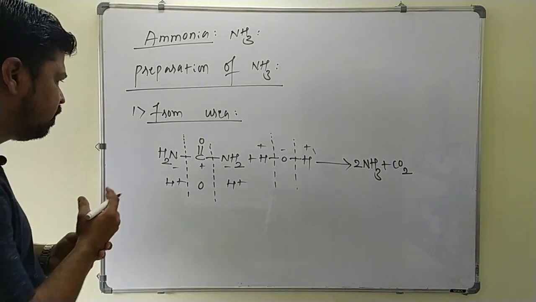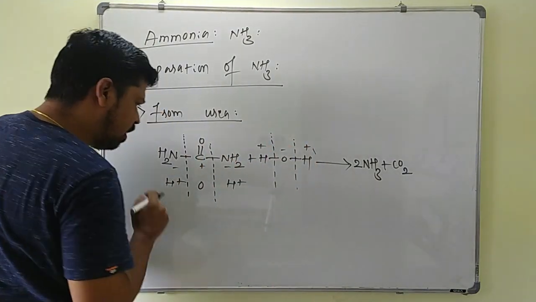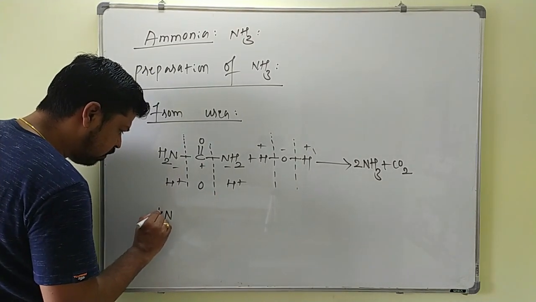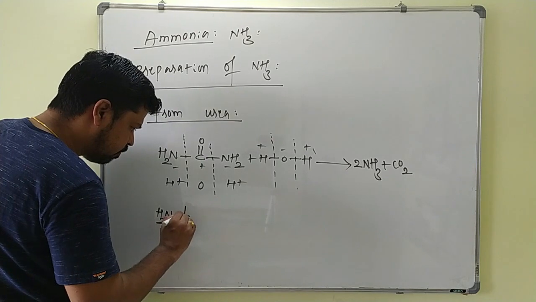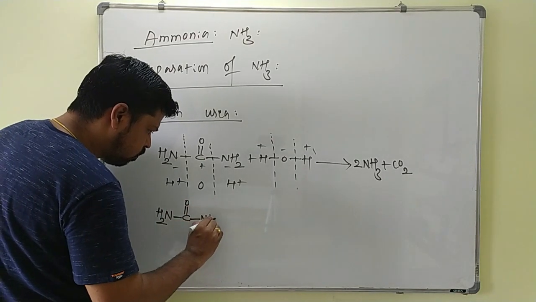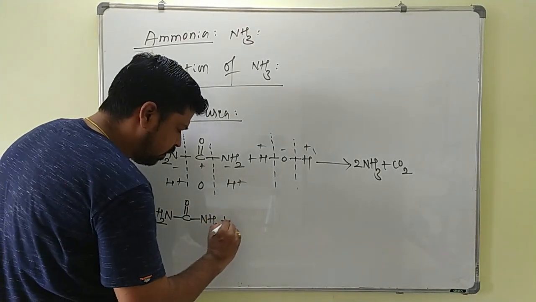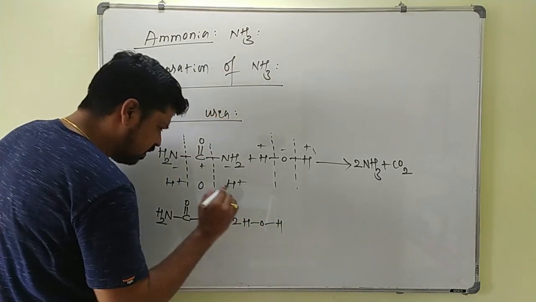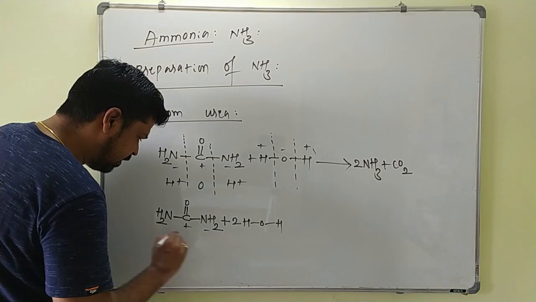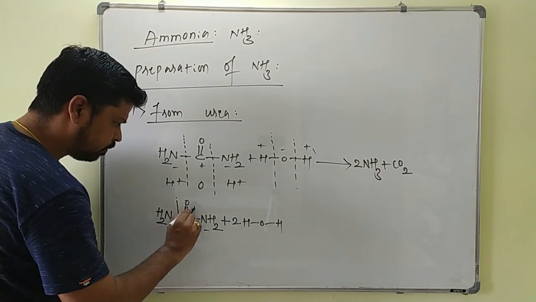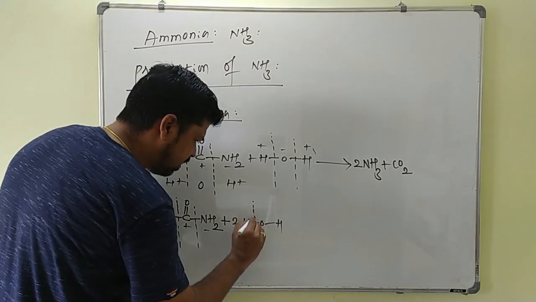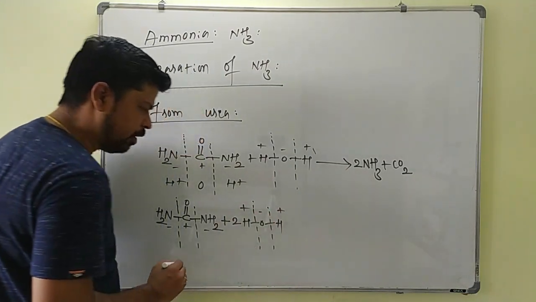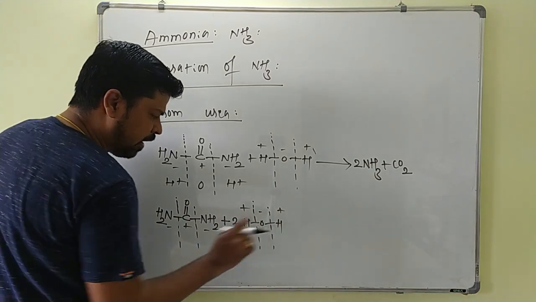Suppose for the same reaction, I take 2 moles of water. I'll write the same thing, urea, NH2CONH2, with 2 moles of water. Again this is positive and negative, and you split it into positive and negative parts. 2 oxygens are there and 4 hydrogens are there.